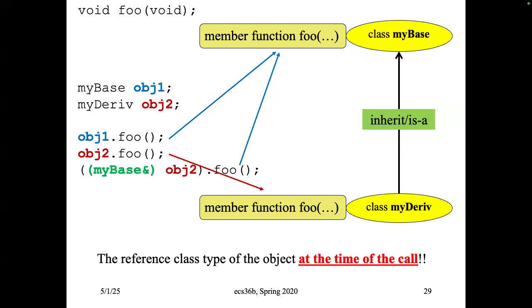And since the compiler knows this is my base, it certainly knows that my base has this member function called foo and knows where the entrance point is, because the compiler will do code generation and knows how to bind this code together. So the whole thing is actually a compile-time issue.